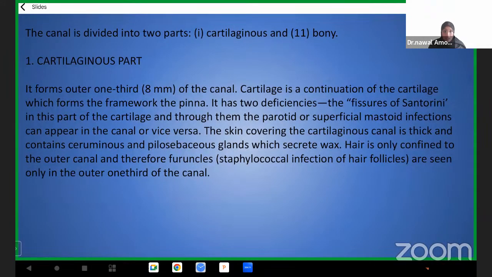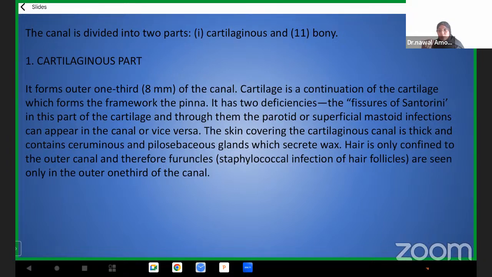Now, the canal is divided into two parts, cartilaginous and bony. The cartilaginous part is approximately 8 millimeters. It has two deficiencies. Remember these two: the fissures of Santorini.